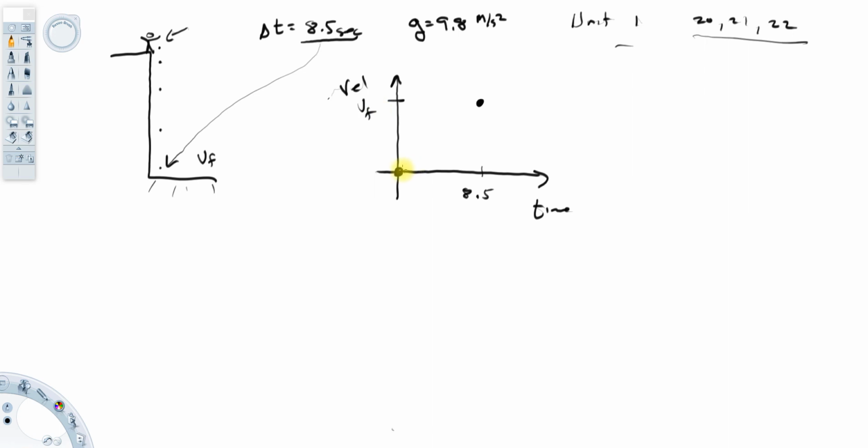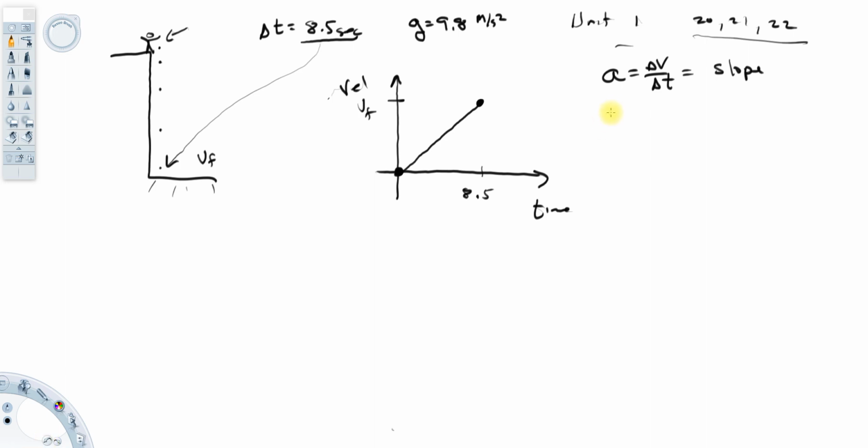And then we're going to make our constant acceleration assumption, which makes this linear. Because remember, acceleration is change in velocity over change in time, and that's equal to the slope of this graph. So what that's going to allow us to do is write a couple equations here.